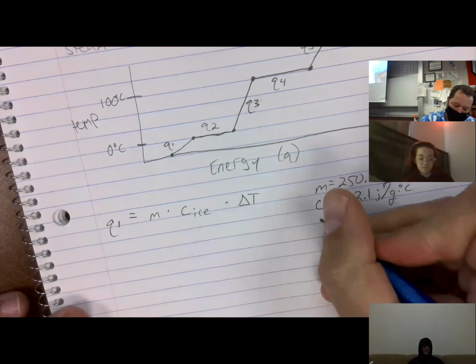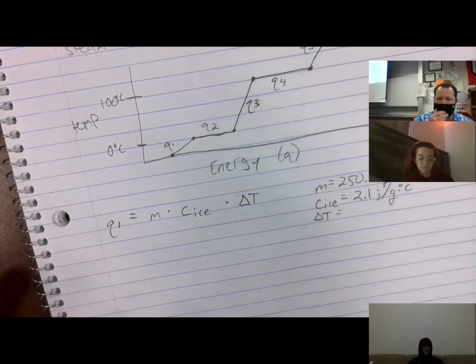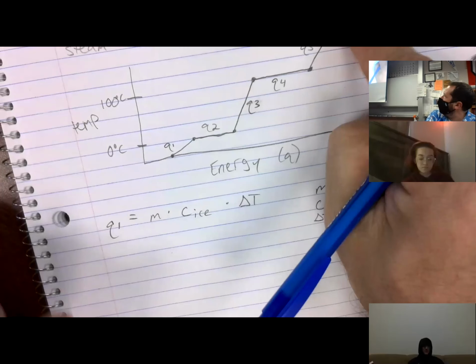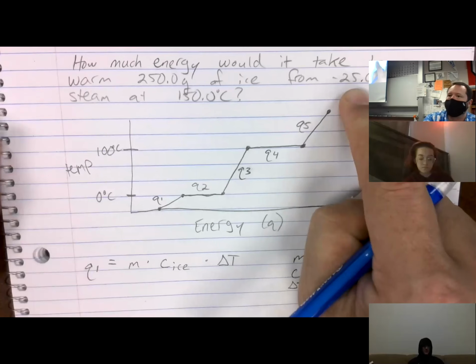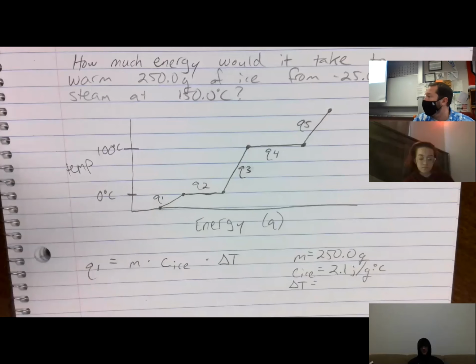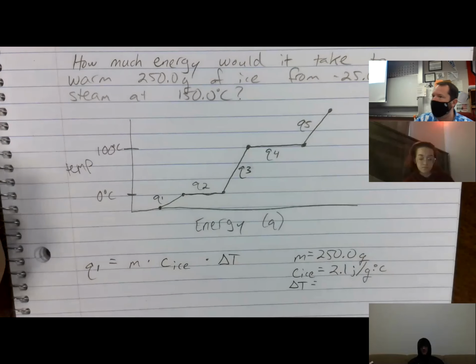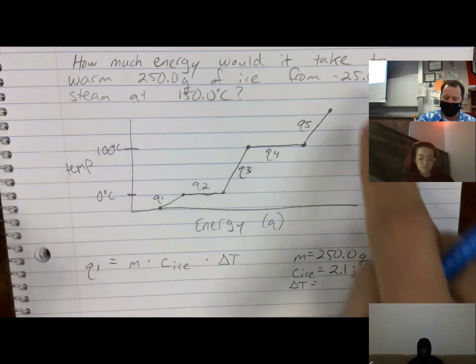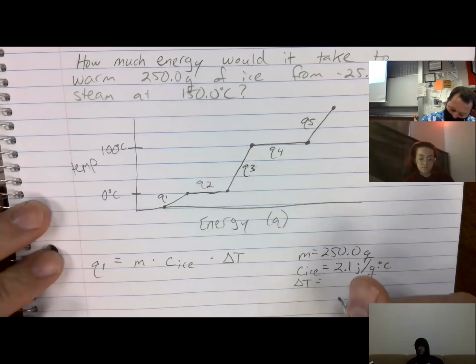And our temperature change, again, I think this gets a lot of people in trouble here. We're not going from negative 25 to 150. It's not possible. You can't have ice above 0 degrees, let alone all the way up to 150. So the only place we can go is up to 0 degrees.